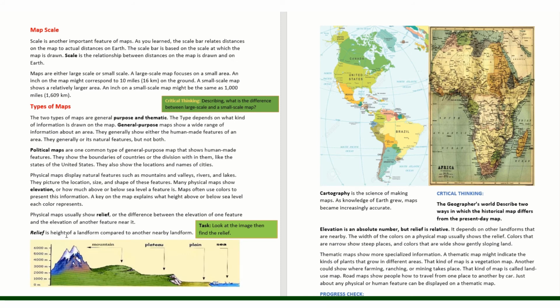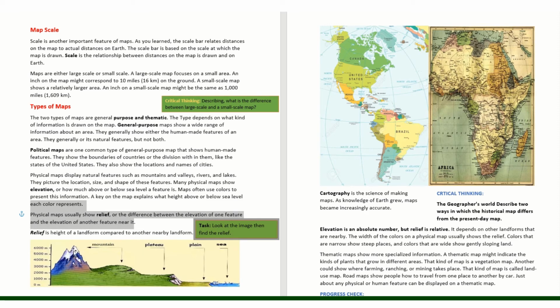So actually, relief is the distance or height of one landform compared to another. You can see sea level, plain, plateau, a mountain. Here you can find the best definition. The physical map usually shows relief, or the difference between the elevations.